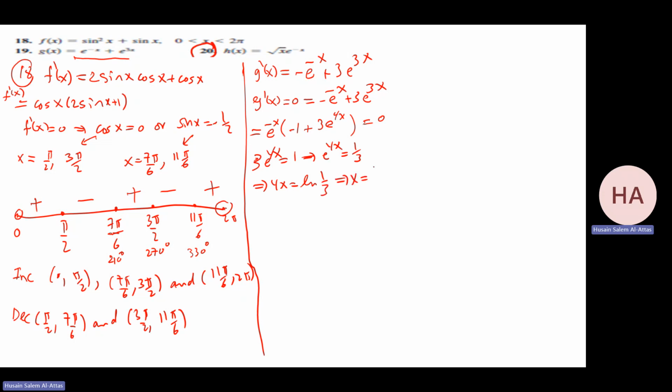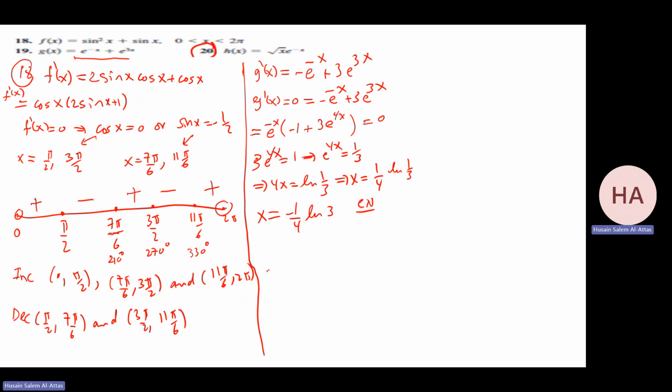So x equal 1 over 4 ln 1 over 3. Or in other words, since this is 3 to the power minus 1, that will be minus 1 over 4 ln 3. So this is my critical number. And e to the power cannot be 0, nothing to worry about.